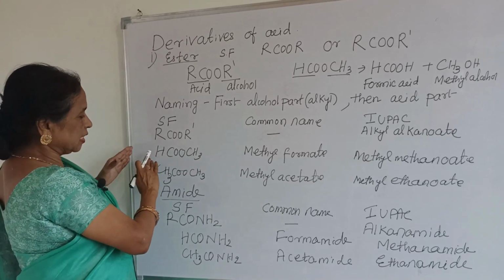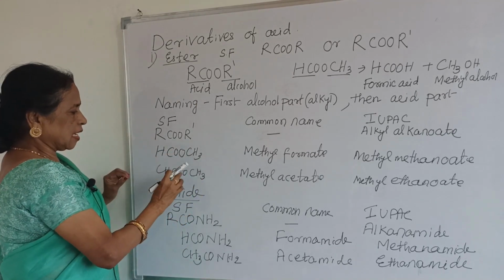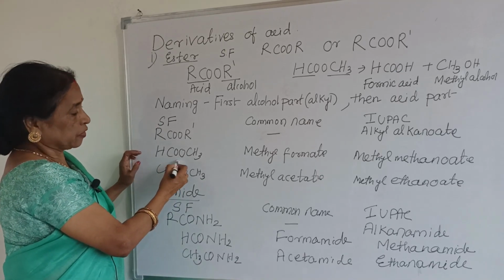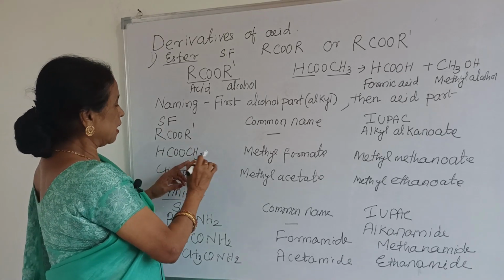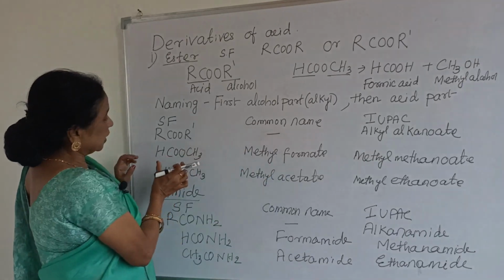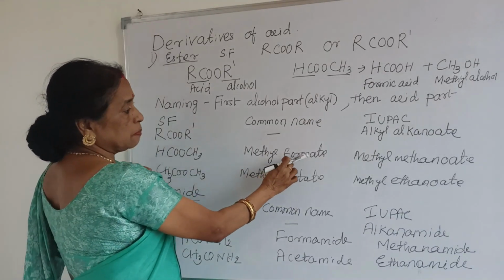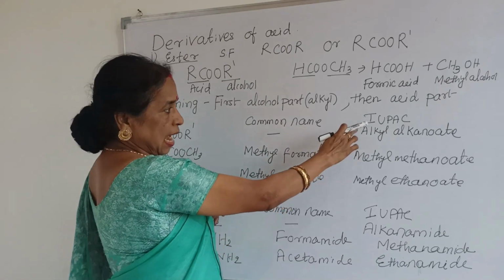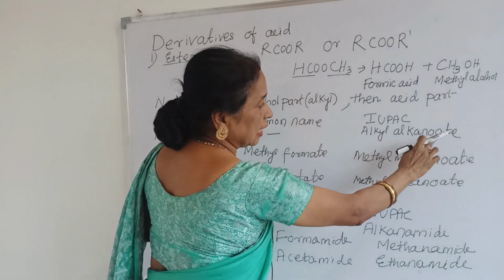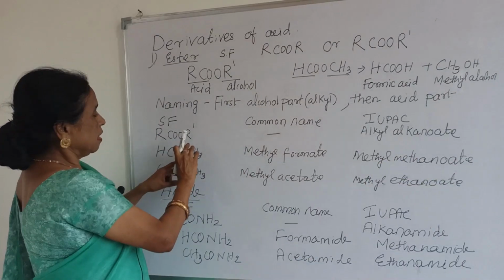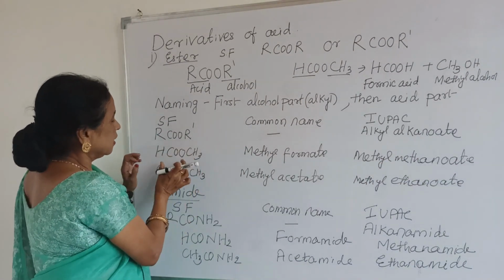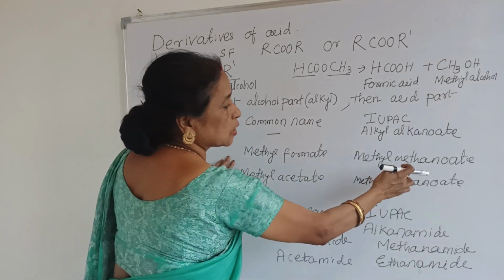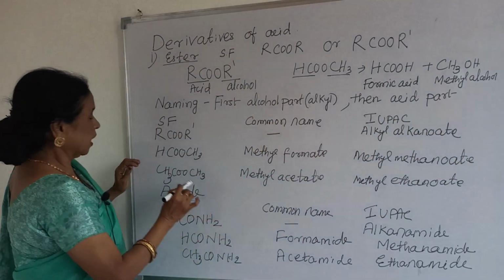When you see this is the ester, it indicates that this is the alcohol part and this is the acid part. When naming, first the alcohol part, that is why methyl, and this is the acid part, that is why formate. Formic acid changes to formate. The IUPAC name is alkyl alkanoate. That means alkyl means methyl, and this is methanoate because methanoic acid changes to methanoate.